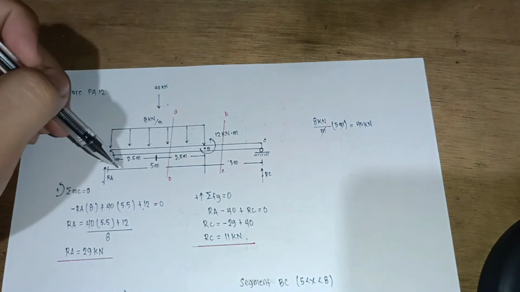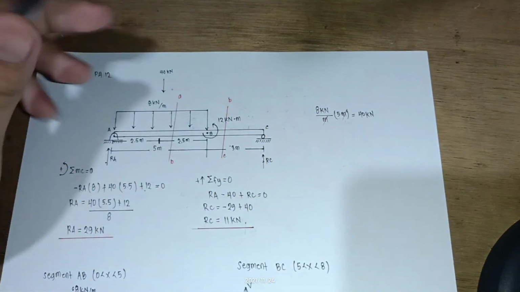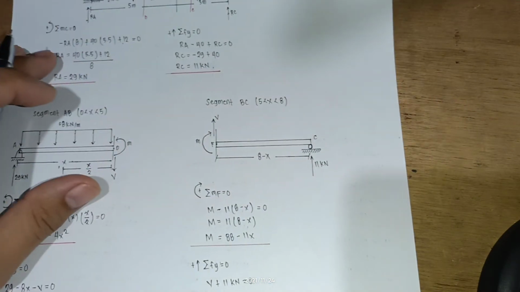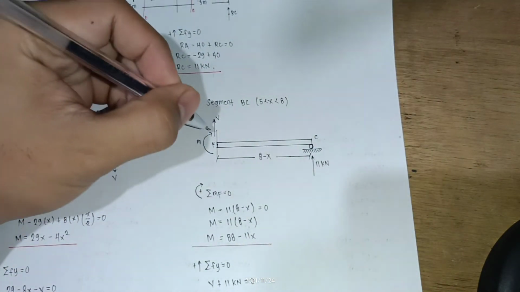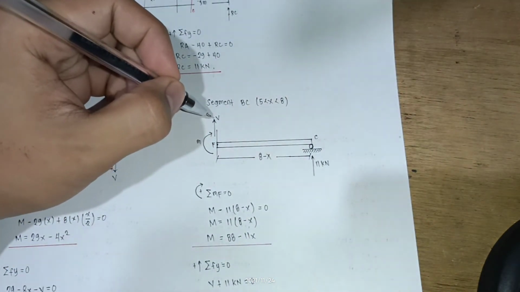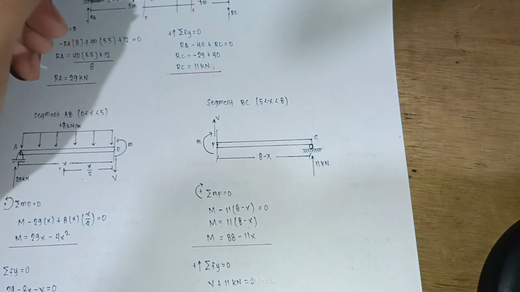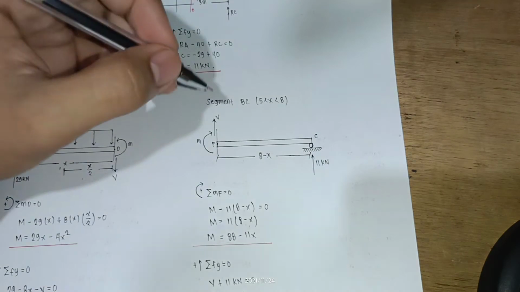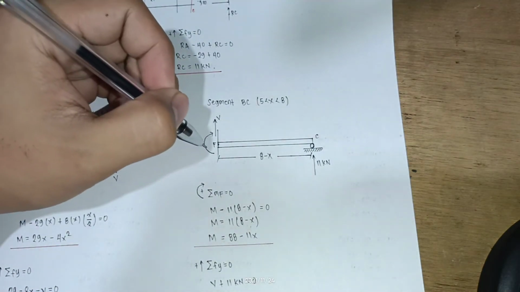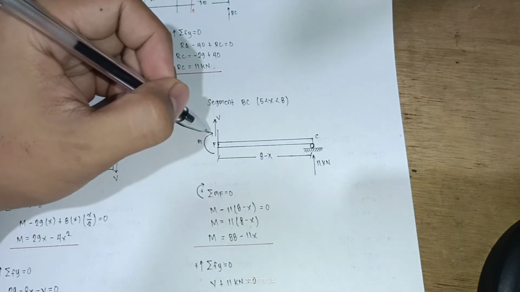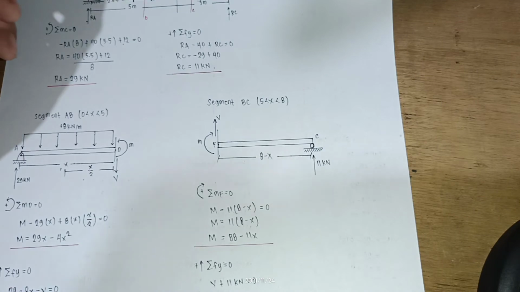And then we have a shear force V up, taking up positive, and a bending moment, clockwise, that will be positive.